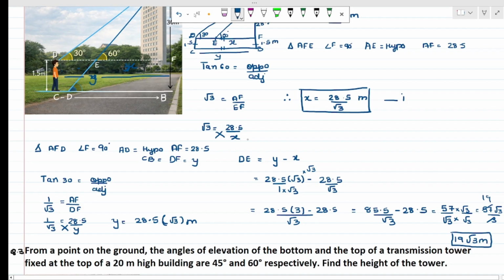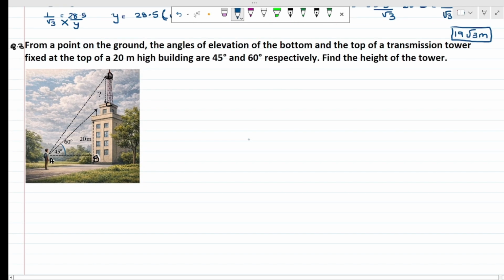Okay, clear? Now moving on to the next sum, which is: from a point on the ground, the angles of elevation of the bottom and the top of a transmission tower. Okay, that means first of all we need to draw a rough figure. You are standing over here and there is a transmission tower, and suppose this is my building which is 20 meter high and there is a transmission tower on it.